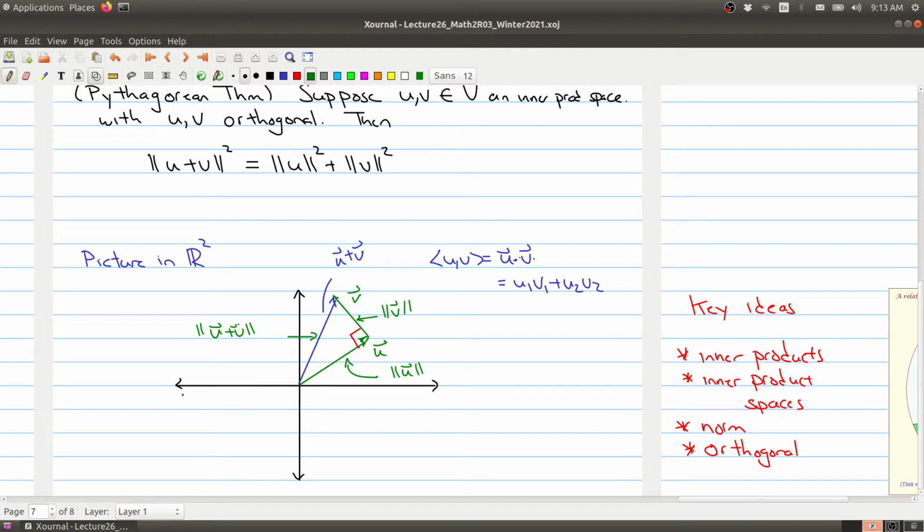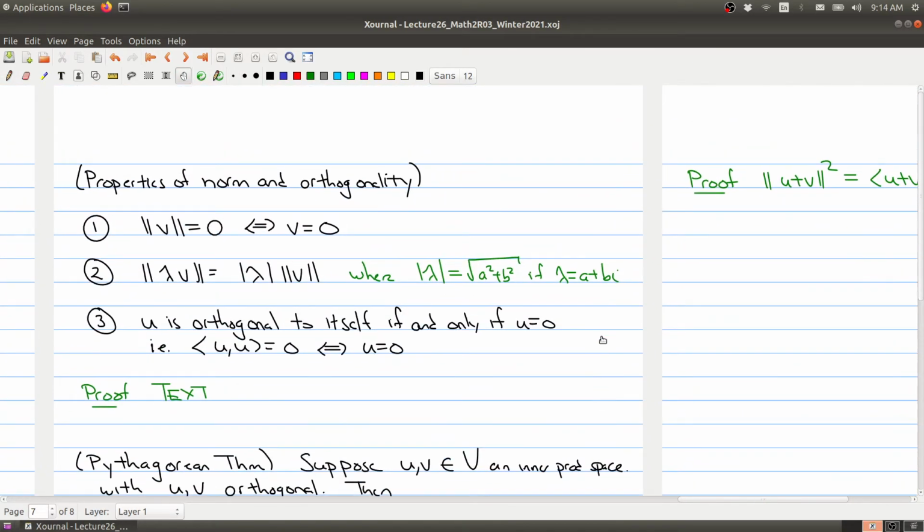So the Pythagorean theorem here says the length of this squared plus the length of this squared in a right angle triangle is equal to the length of the hypotenuse squared. But there's nothing actually special about R2. The Pythagorean theorem is true because you're working in an inner product space, and inner products satisfy this relationship if u and v are orthogonal. So let me give you a proof of this fact.